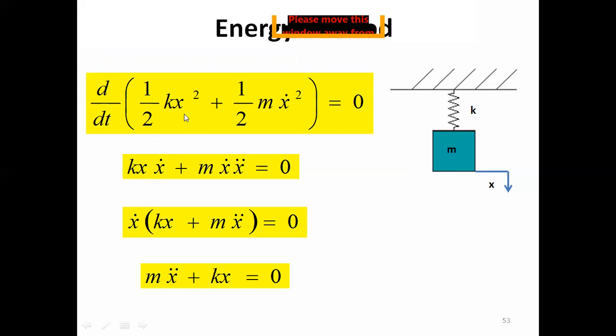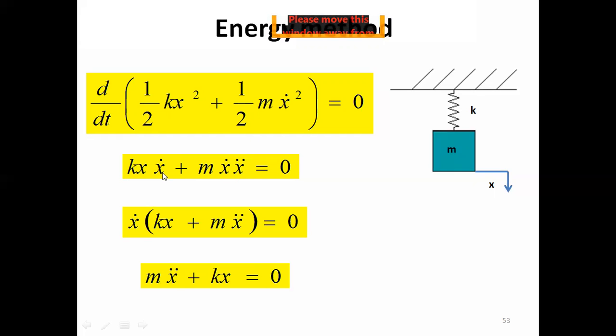So 2 would come down, and that 2 would cancel with this half, and then we would have kx times x dot. Then for the second term, differentiating x dot squared, the 2 would come down, and that 2 and this half would cancel, and we would have m x dot and x double dot, and it must be equal to 0.